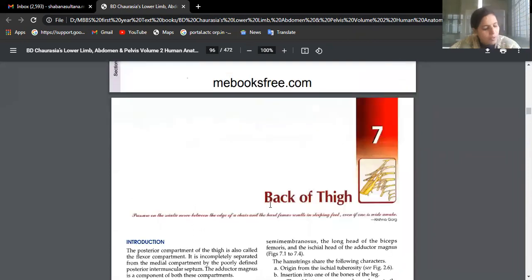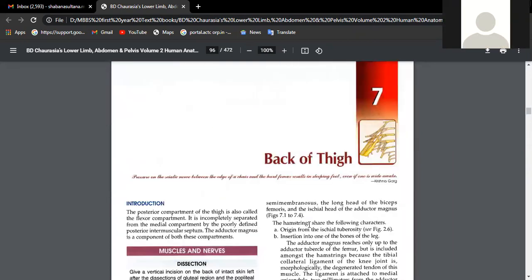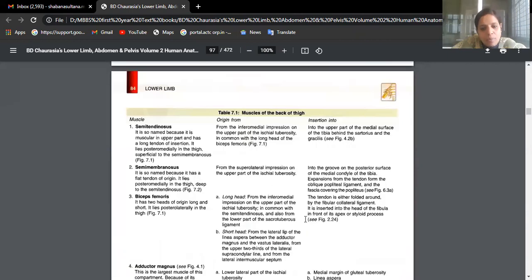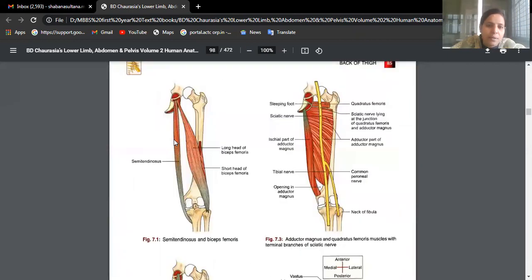Okay, beta? Yes. So now the origin is all ischial tuberosity, beta. Diagram will be there. See, this is ischial tuberosity. Semitendinosus. You can see from the ischial tuberosity, there is one oblique line lower down. So medially, you will see the origin of semitendinosus, and laterally, you are finding the origin of long head of biceps.